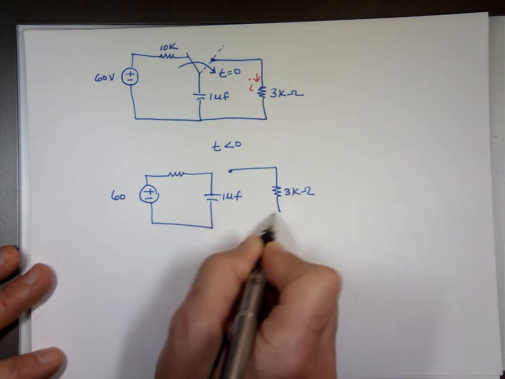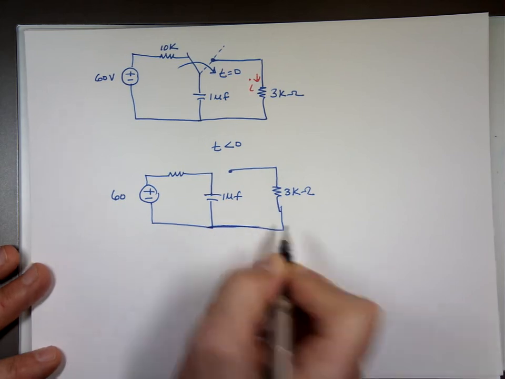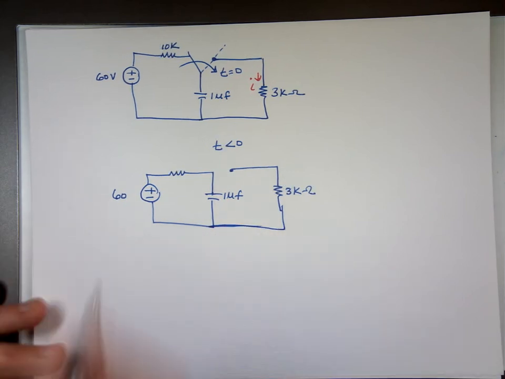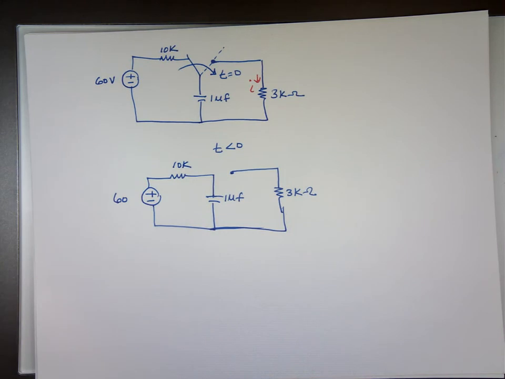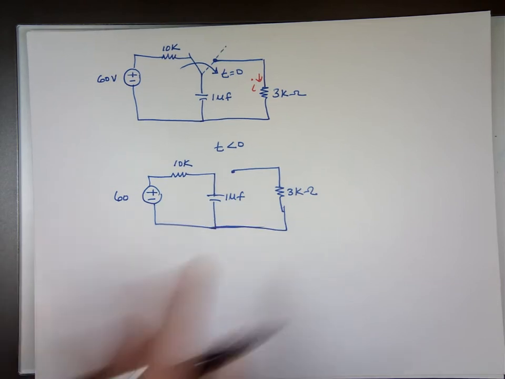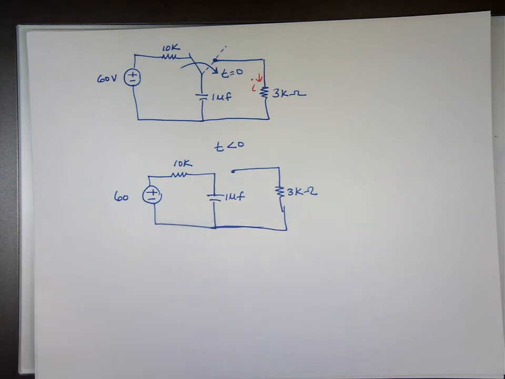That's what the circuit looks like. You won't hit the 3K ohms because that switch is not even connected. But what happens if you let it sit for a while? This is a DC source. How does the capacitor behave to DC? Open circuit. So your circuit will look like this.